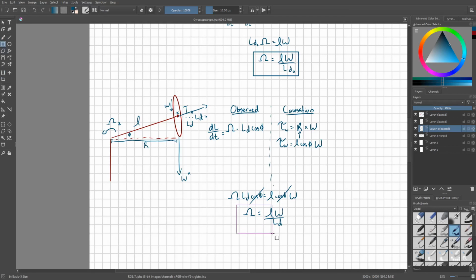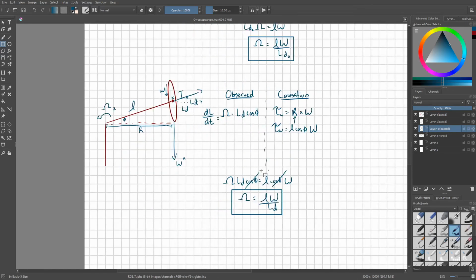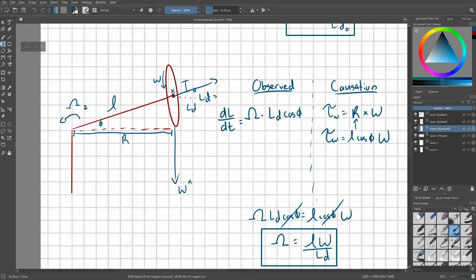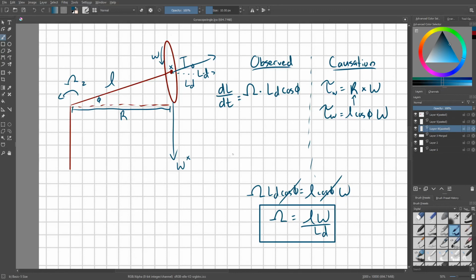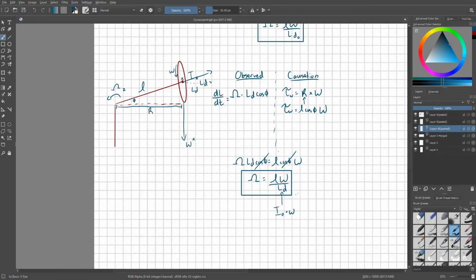Look at that, we get the exact same answer for both of these angular speeds. Let's keep in mind that L_D can be rewritten as I naught times the angular speed of the disk. So that's another way you can see the equation. But regardless, the angle has no bearing on that precession speed.